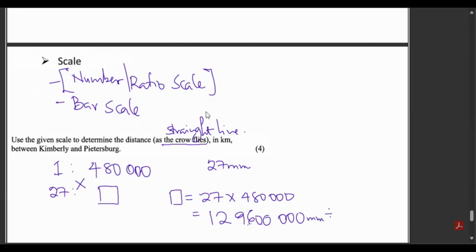We want them to become real distance, so we divide by a million, and you remain with kilometers.